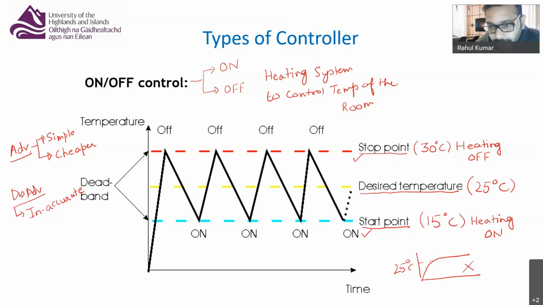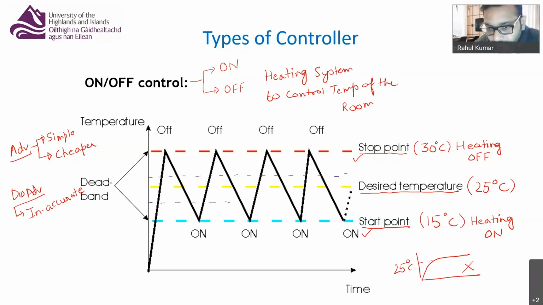Now, from the working principle again, the thing which could come into your mind is, why don't we reduce the dead band, right? Why don't we keep it closer to the desired temperature? In that way, the temperature of the room will be quite close to the desired temperature.